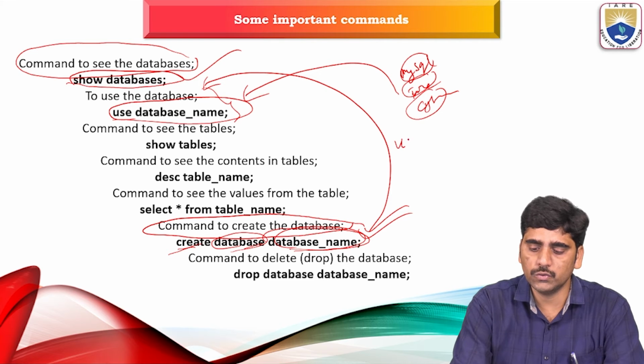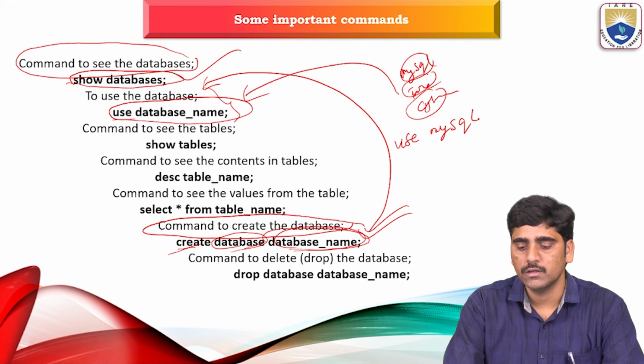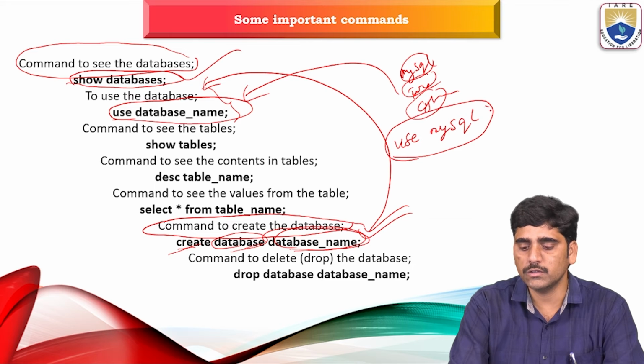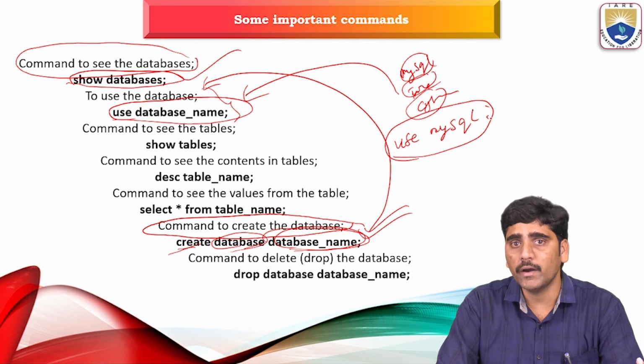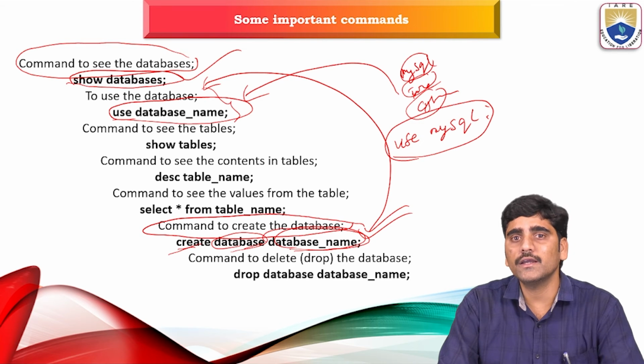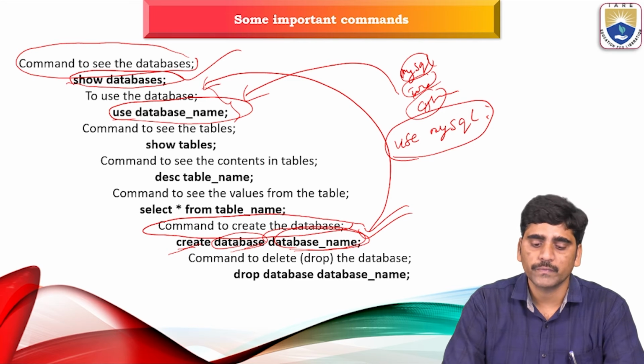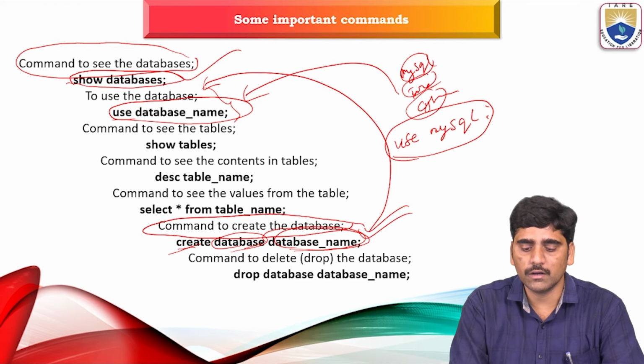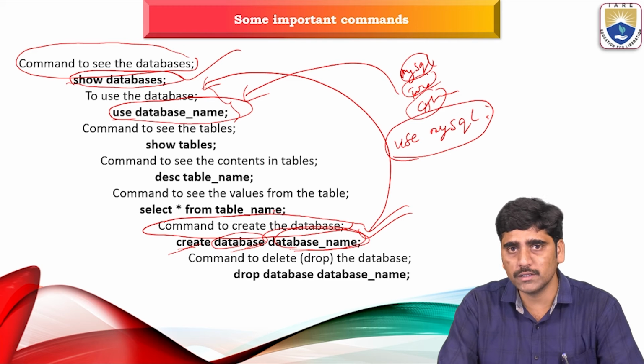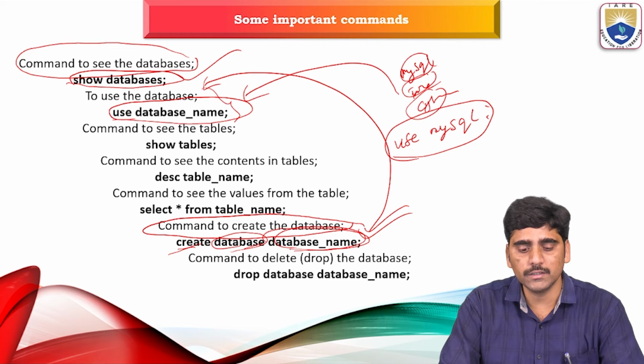You can type USE MySQL, which means you are now connected to the MySQL database. Now you can create different types of tables and objects. So we have seen how to see the list of databases, how to create a database, and how to use a database.